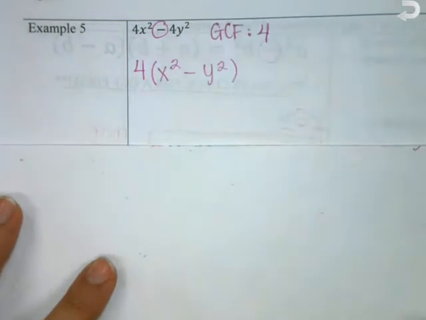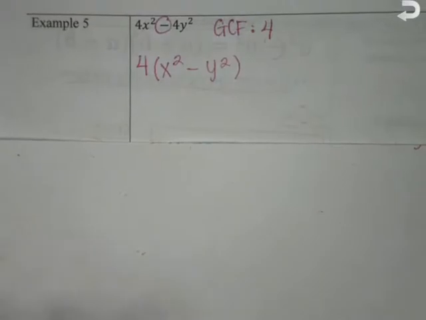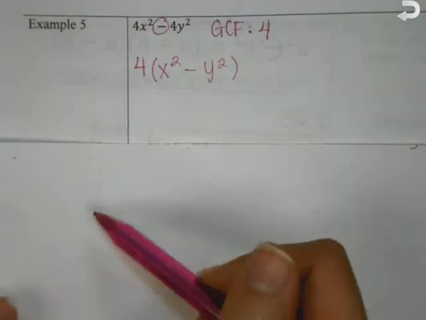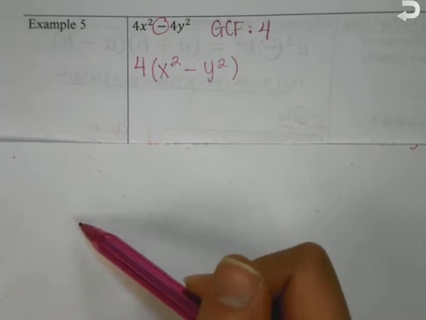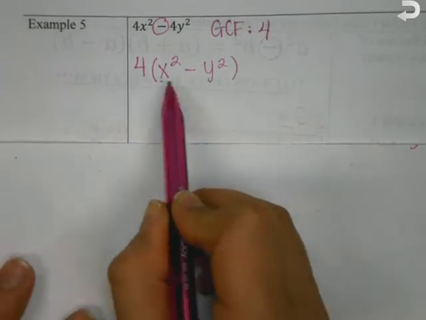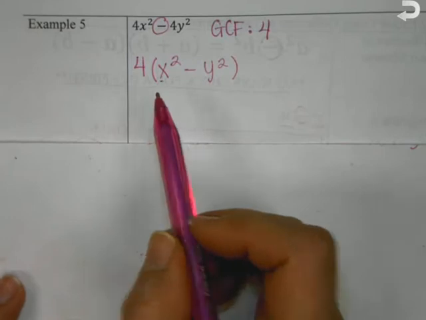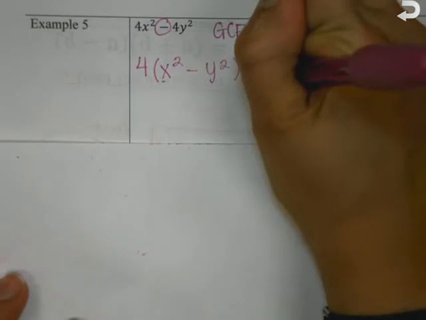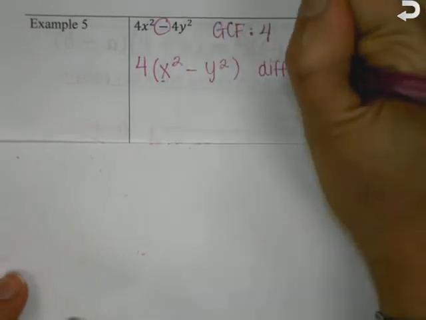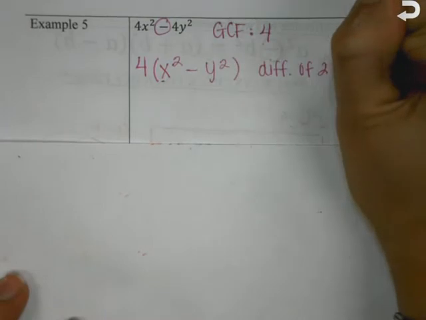No. What do you notice about what's left on the inside? They're still squares. It's still a difference of two squares. So now we have a difference, which I abbreviate to diff, of two squares. Okay? So we had a GCF of 4, and then we have a difference of two squares.